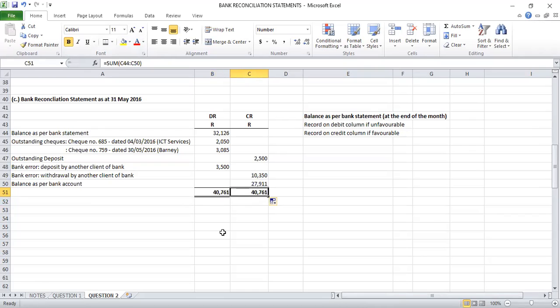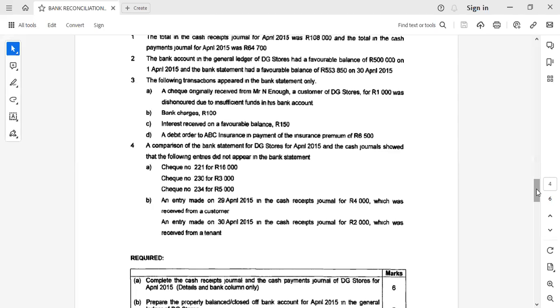So that's our bank reconciliation statement. Any questions? Right. These are the two ways that we do a bank reconciliation. So in your own time, you can try number three as homework. You can see how you understand.